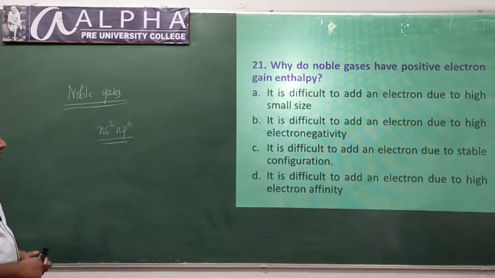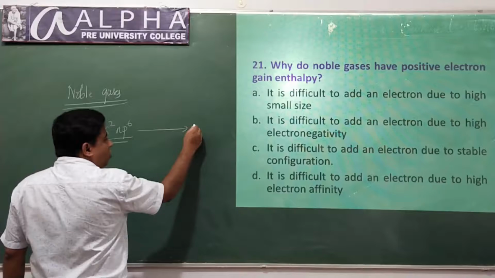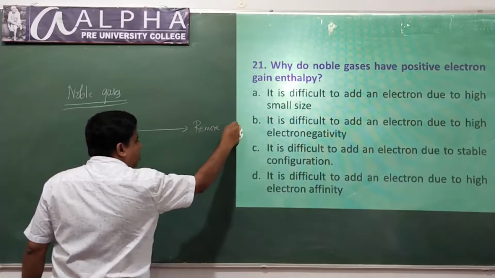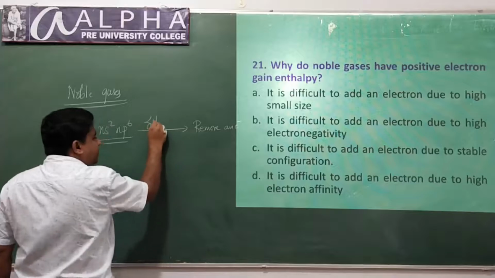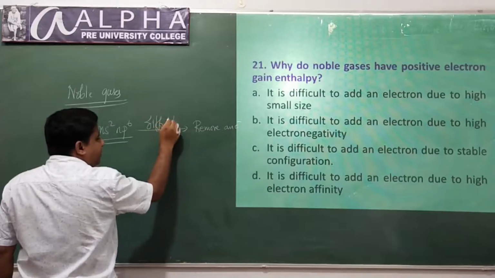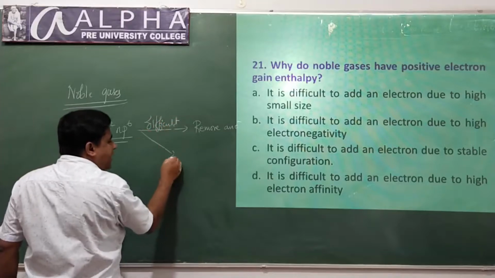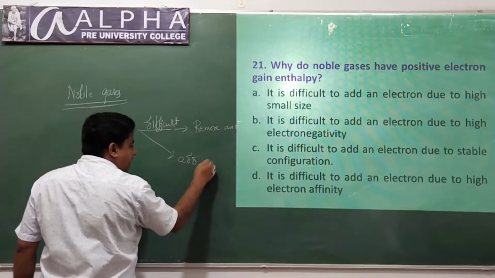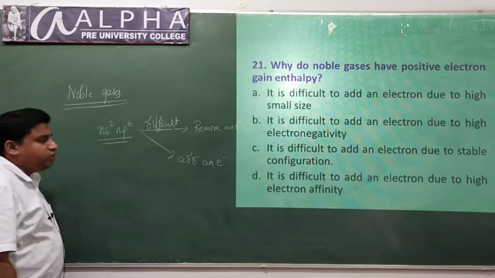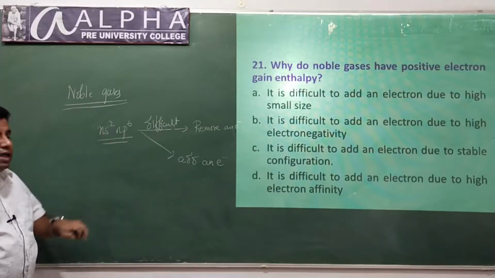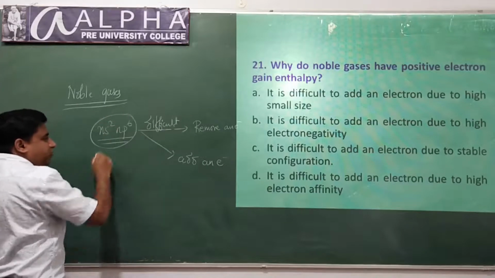Didn't I tell you that it is difficult to remove an electron? It is difficult to remove an electron, as well as it is difficult to add an electron to the stable configuration.